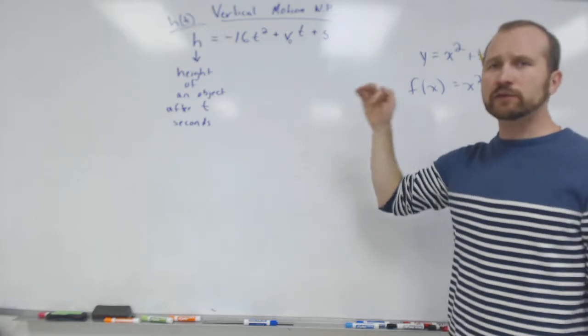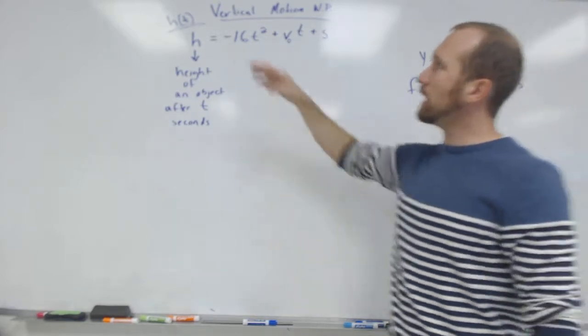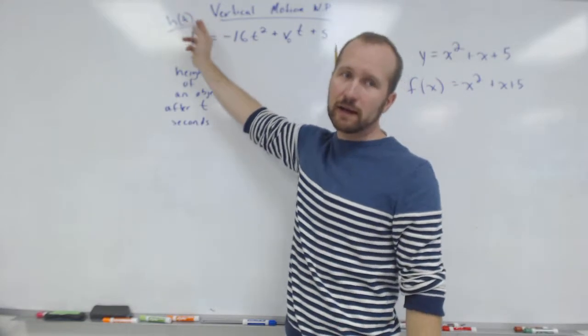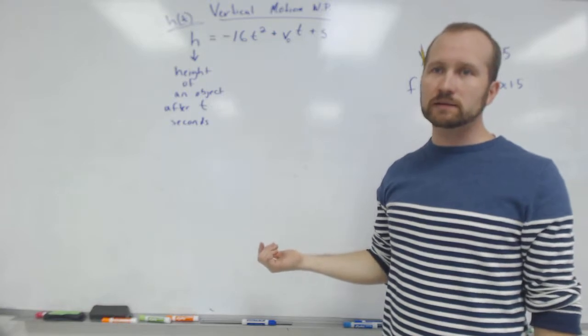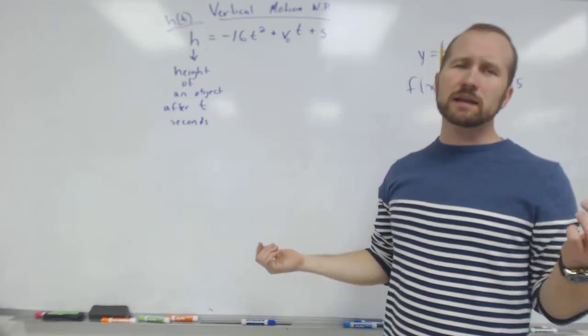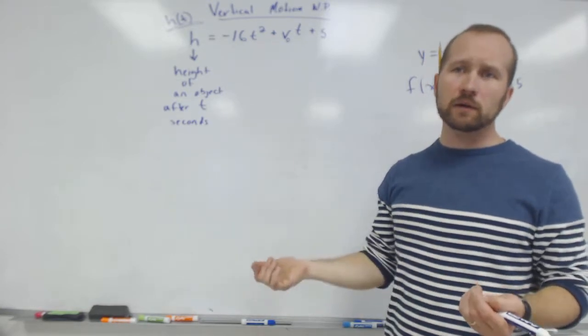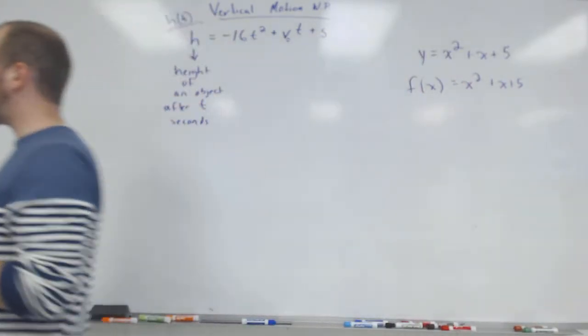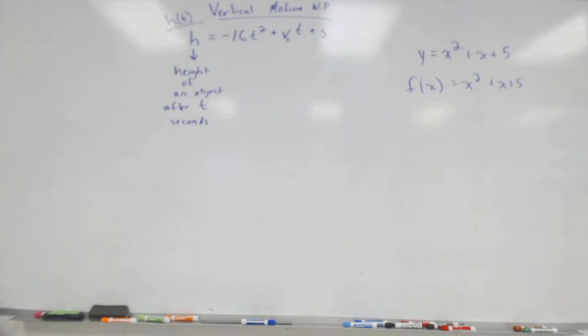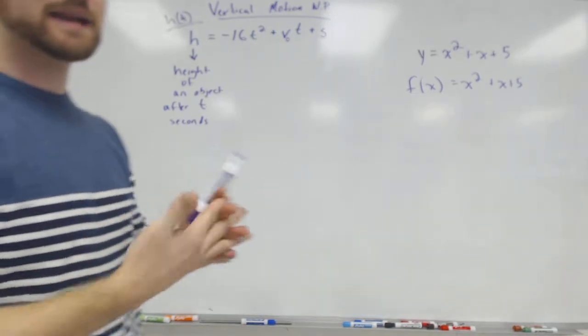It's the height after t seconds. So h of t is the height of your object after a certain amount of time has passed. So we can't really know the height unless we know the time, or vice versa. They go together. They're a function. So the height and the time are connected.